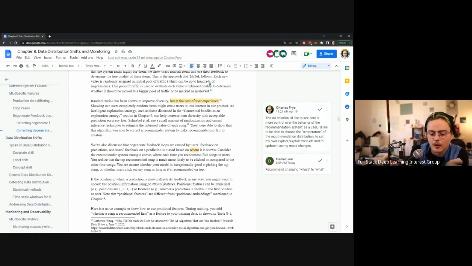And so the recommendation system is the absolute core of TikTok. They have to be able to recommend videos super quickly and at a super high quality. So I think that's one reason why they are so much more aggressive about this kind of stuff.